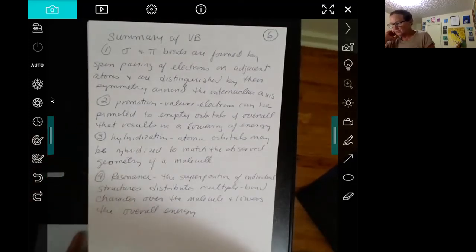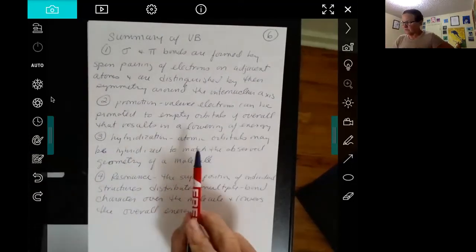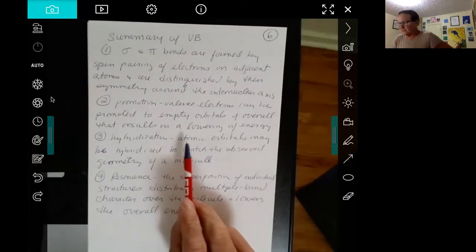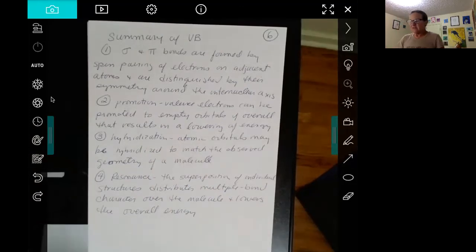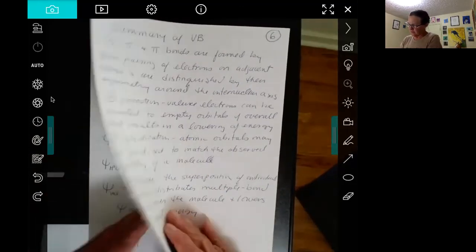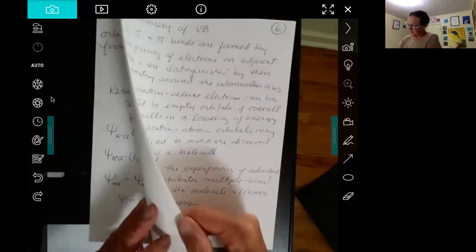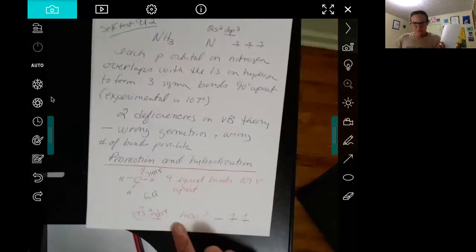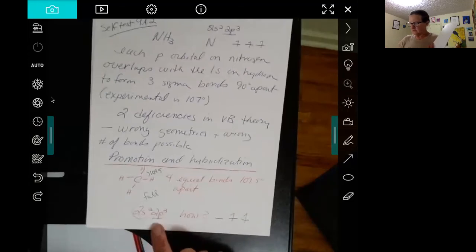Number two, promotion of the valence electrons. The valence electrons can be promoted to empty orbitals if overall that results in a lowering of energy. So remember, if we look back at carbon, the carbon that we looked at, when we looked at its ground state configuration, it could only form two bonds.